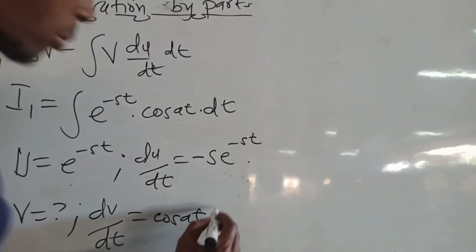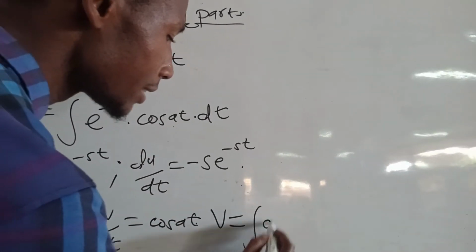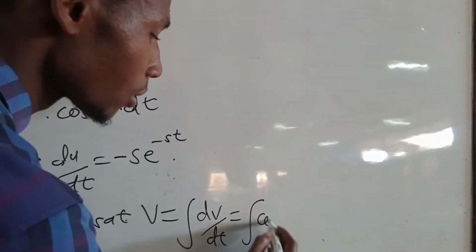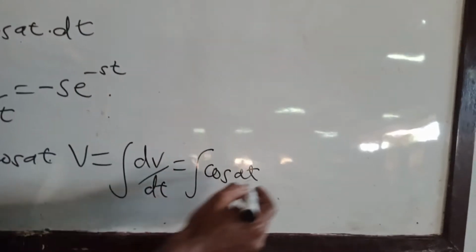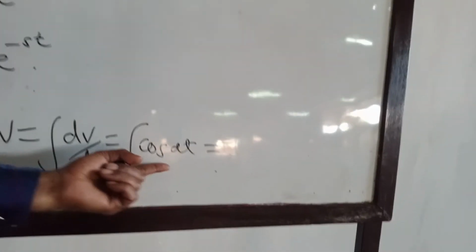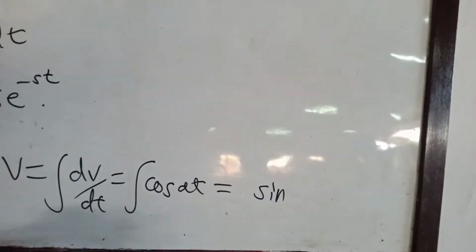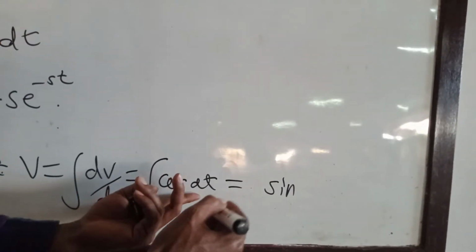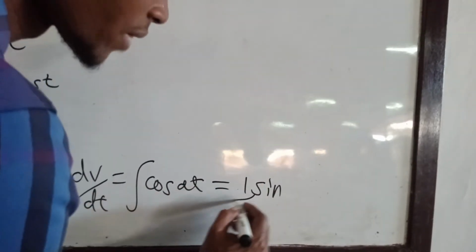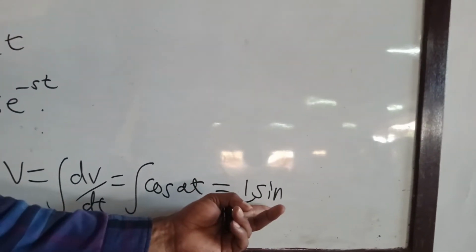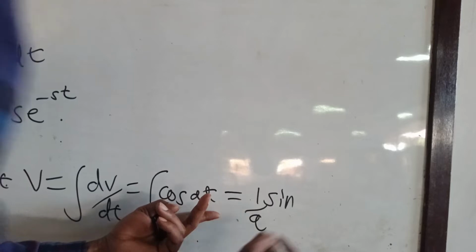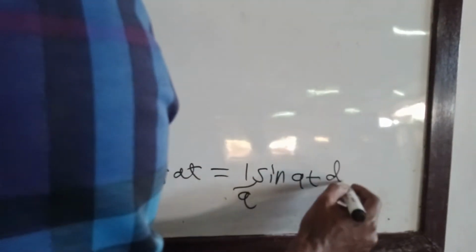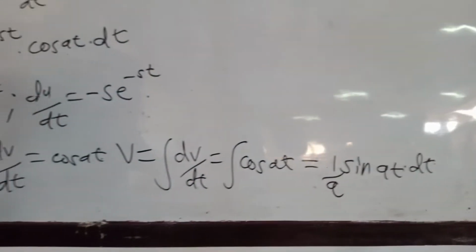So our v is gotten by v is equal to integrating dv over dt, which is equal to integrating cos at. When we integrate cos, we get sine. When we integrate cos, we get sine. And this value that is attached to t becomes a fraction, or we divide by it: sine divided by the value attached to t, so it remains at, still dt.